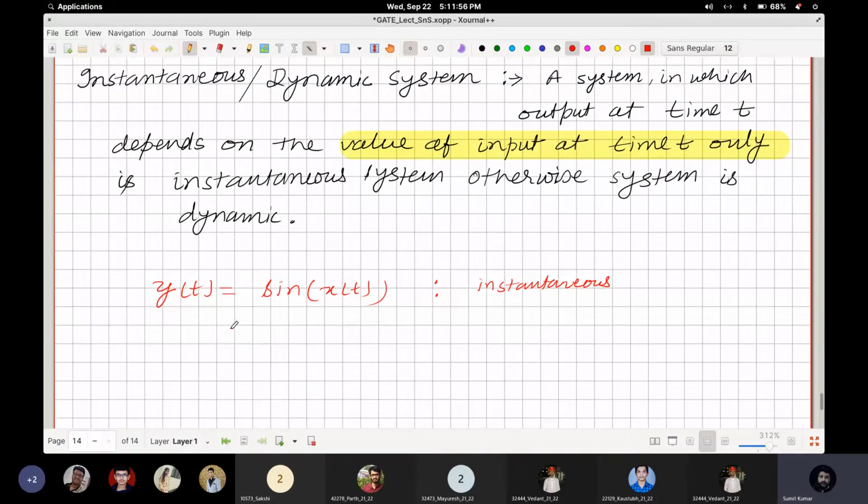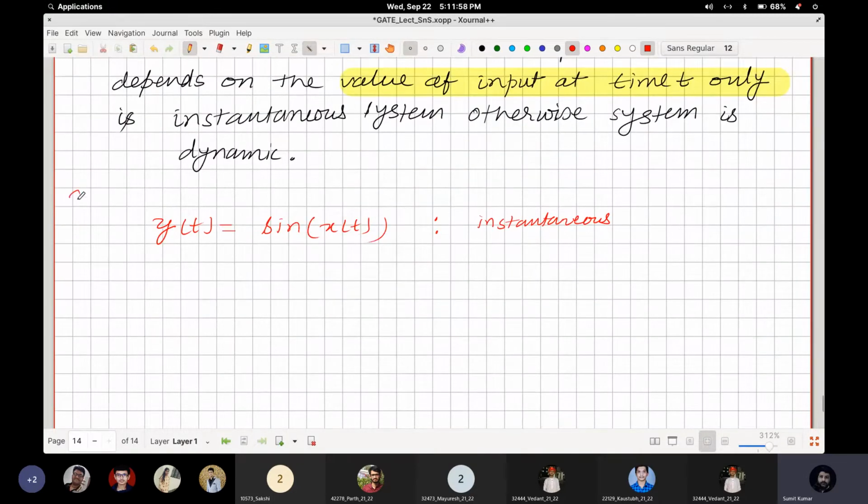Another example is that output y of t is x of 2t. Whether this is instantaneous or dynamic: the output at 1 will depend upon x of 2, right? So it's going to be dynamic.